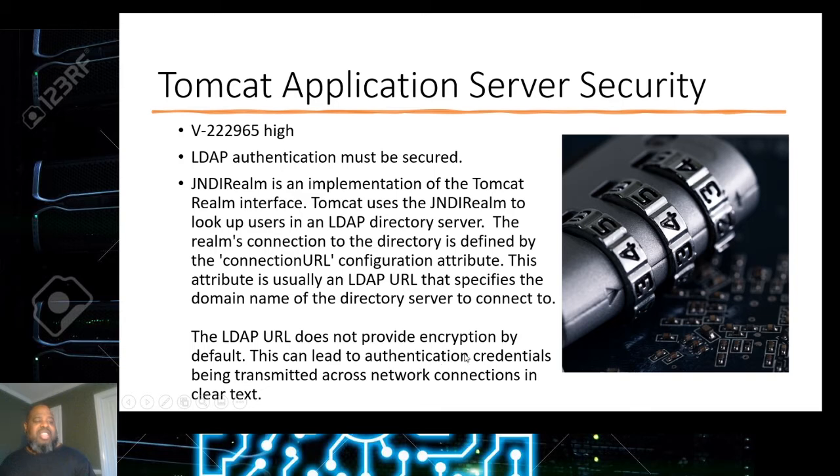This can lead to authentication credentials being transmitted across the network connection in clear text. So basically, they want to make sure you're using TLS or SSL. If you use LDAP to authenticate your Java application, a lot of people use LDAP because Active Directory from Microsoft is an LDAP. So a lot of Java applications use that to authenticate their apps. They just want to make sure the connection isn't in the clear, so nobody can do a man-in-the-middle attack.